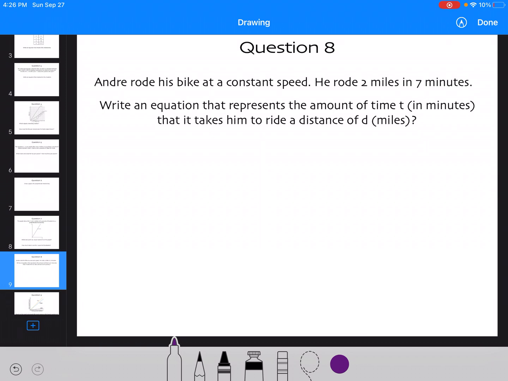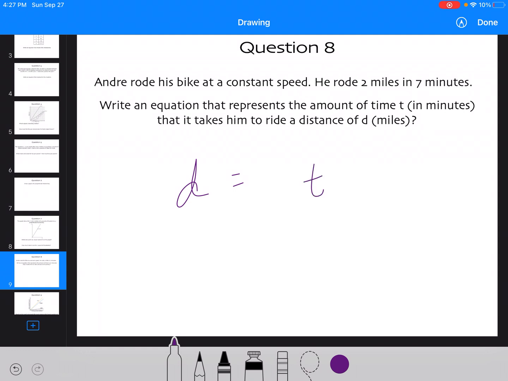So then it says Andre rode his bike at a constant speed. He rode 2 miles in 7 minutes. Write an equation that represents the amount of time in minutes it takes him to ride a distance d miles. Okay, so I know the total distance is going to be equal to the number of minutes he bikes, right?